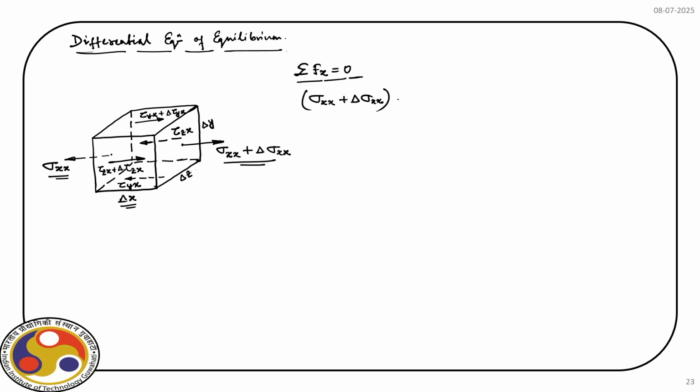It is acting over a face of delta y times delta z. So, that is the total force, minus we have sigma xx over the opposite face, and then that is multiplied by delta y times delta z.